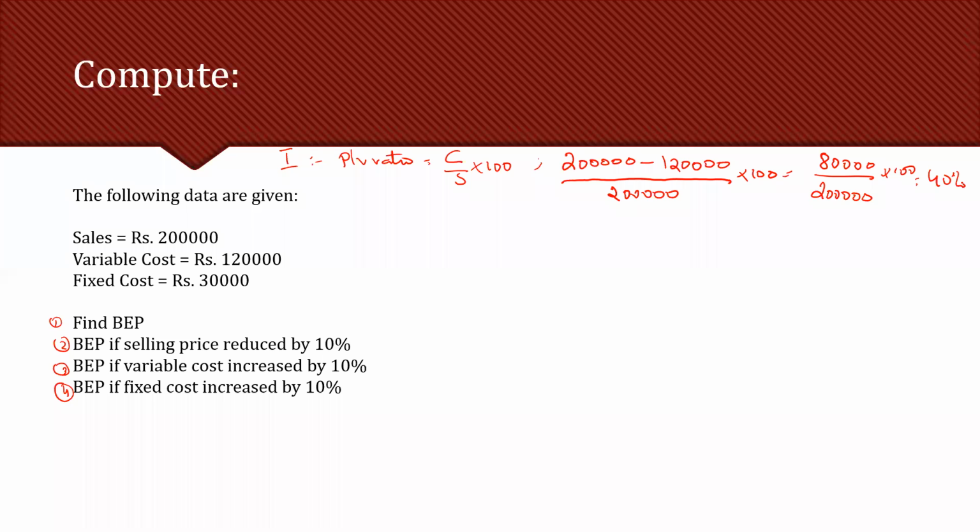Now the next step is to find out the break-even point directly. How to find out break-even point? Total fixed cost divided by PV ratio. How much? 30,000 divided by 40%.